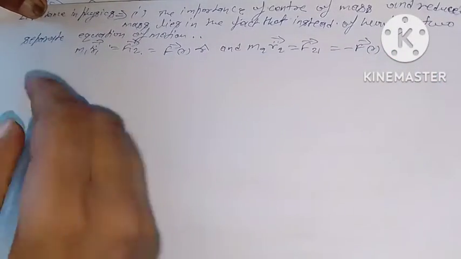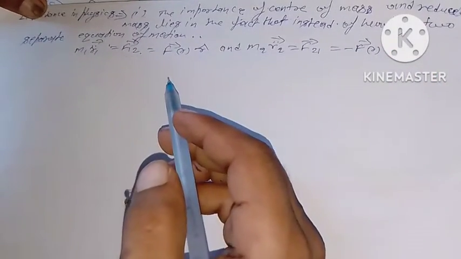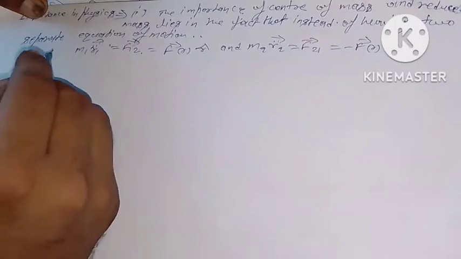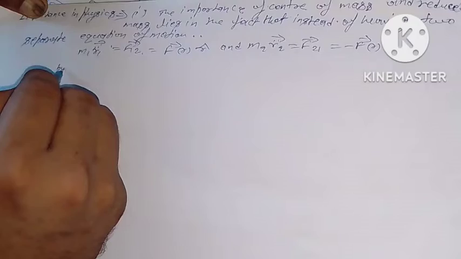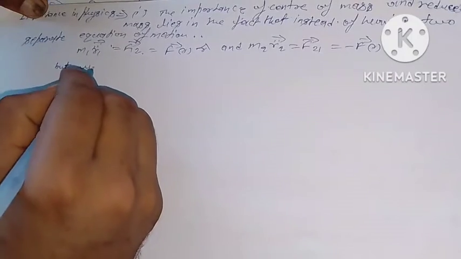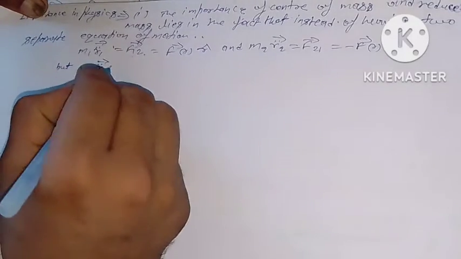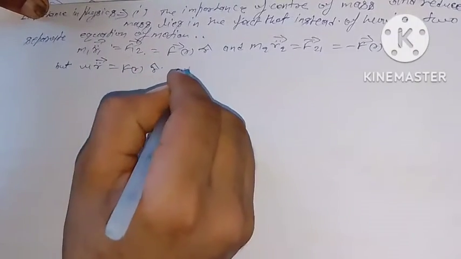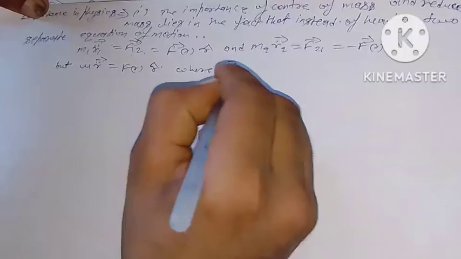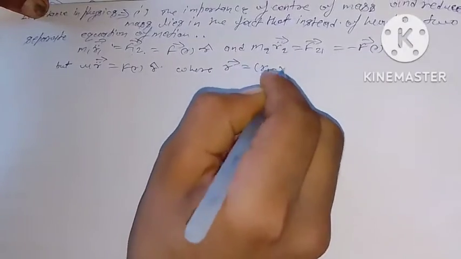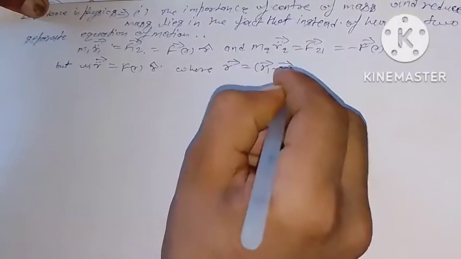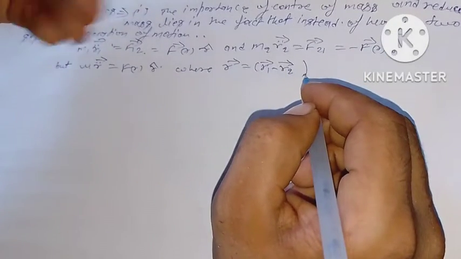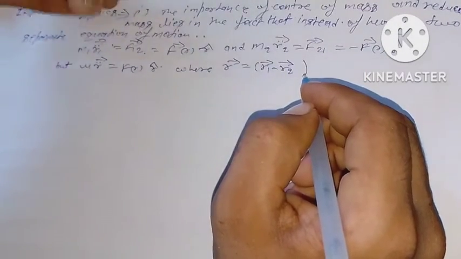We have a single equation of motion involving reduced mass mu, given by mu times the double derivative of r vector equals function of r, unit vector r, where vector r equals r1 minus r2 vector, thereby reducing the two body problem to a one body problem.